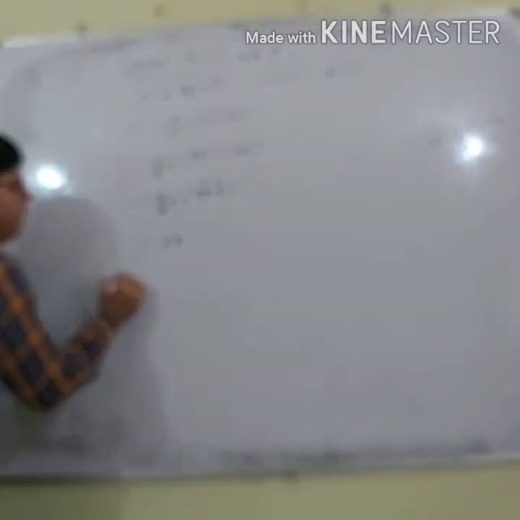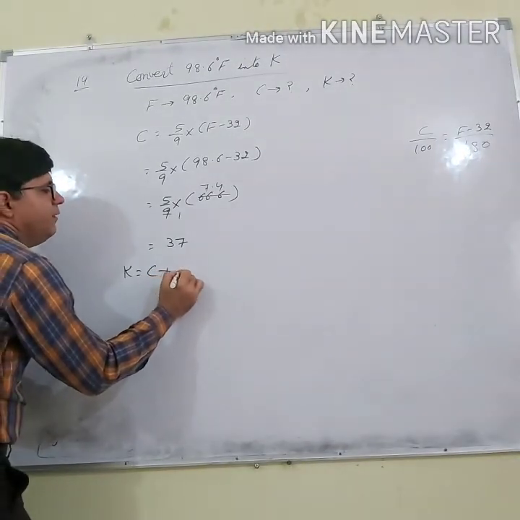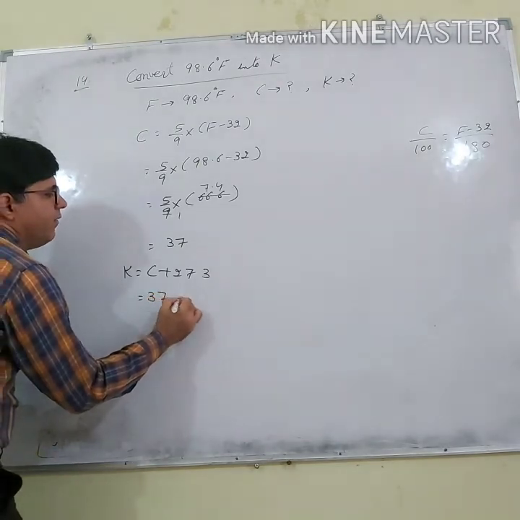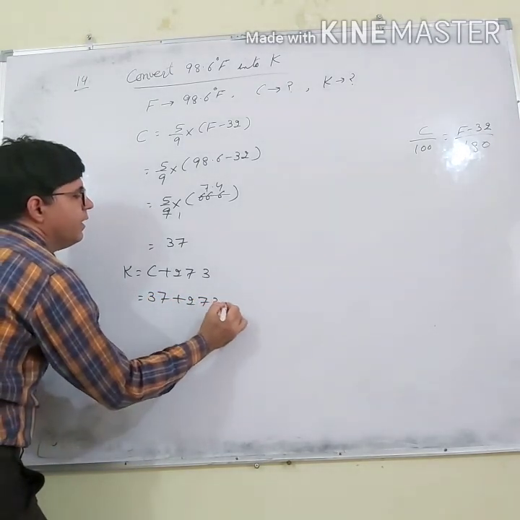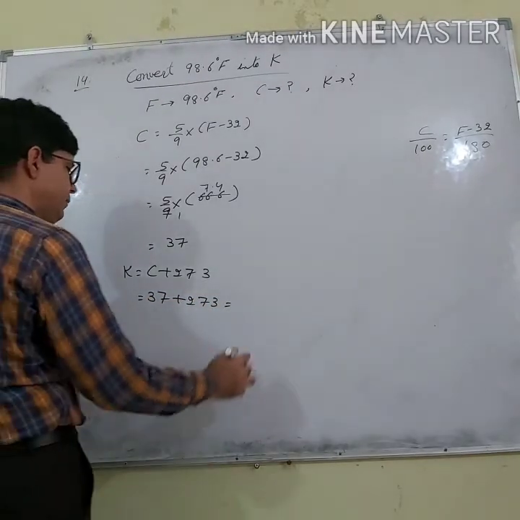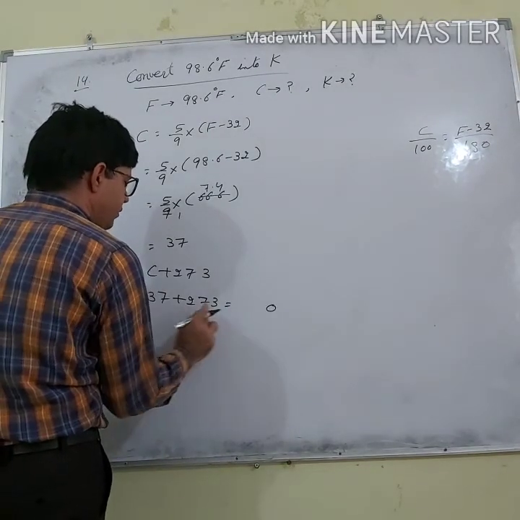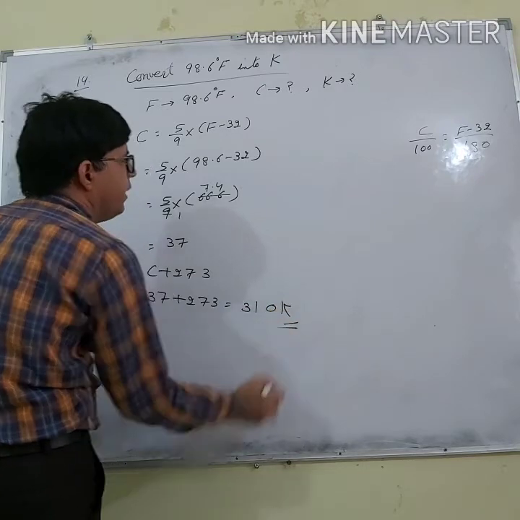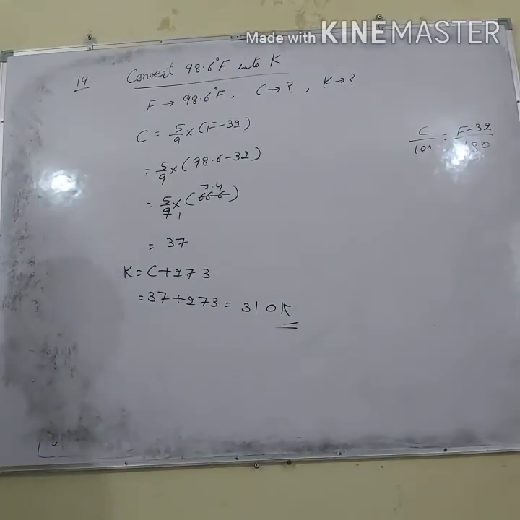So how can I convert to Kelvin? Kelvin is C plus 273. I think all of you have done this. 37 plus 273. So the answer is 310 Kelvin.